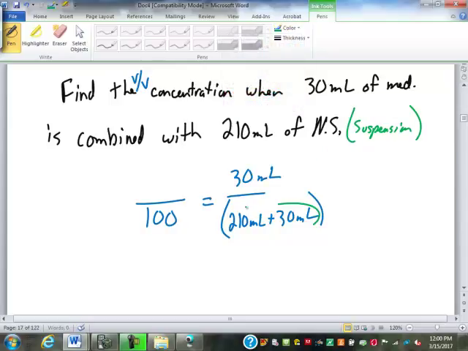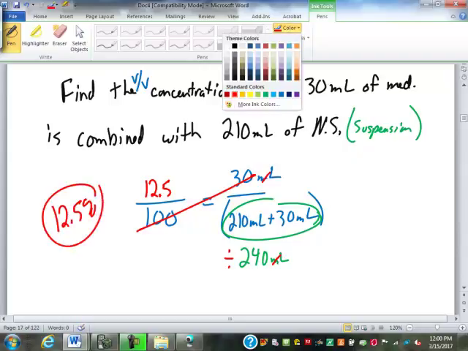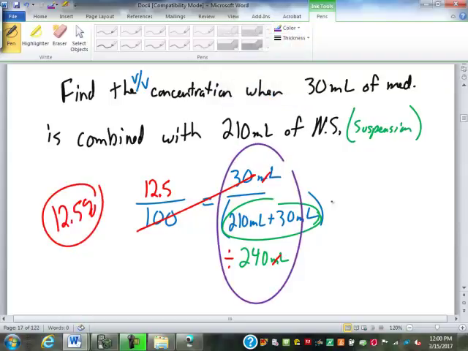So 210 plus 30 gives 240 milliliters. So milliliters can cancel out. We can cross multiply and divide. 100 times 30 divided by 240 is going to give us 12.5. So that's 12.5%. The other way we could have done it is to just divide this out to get 0.125 and change that to 12.5%.